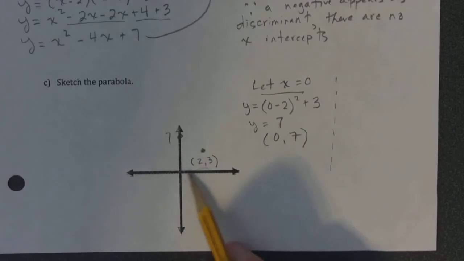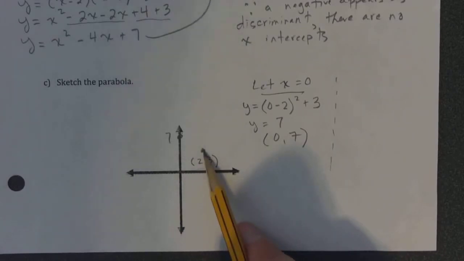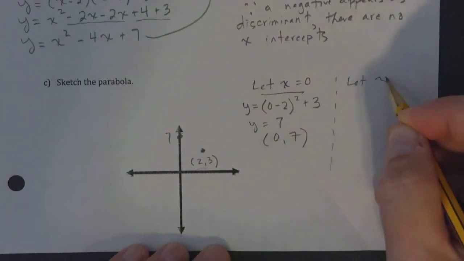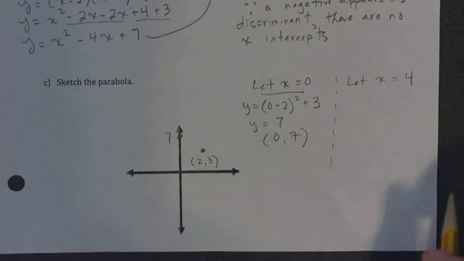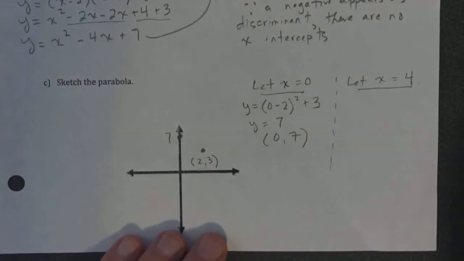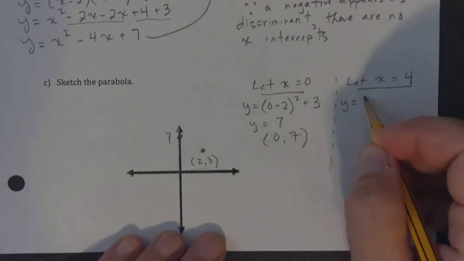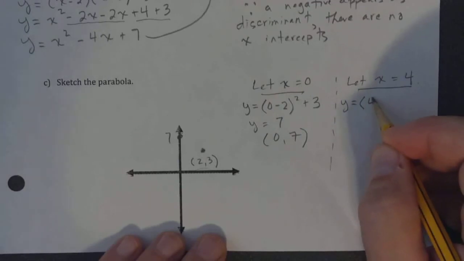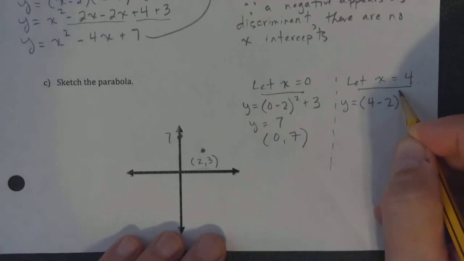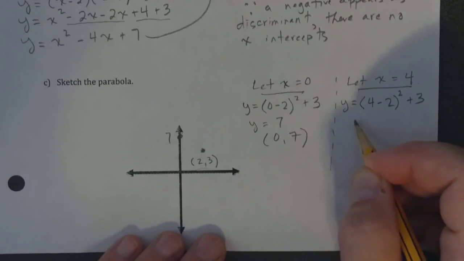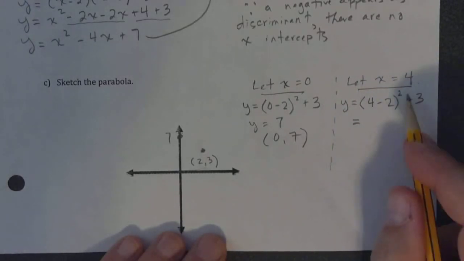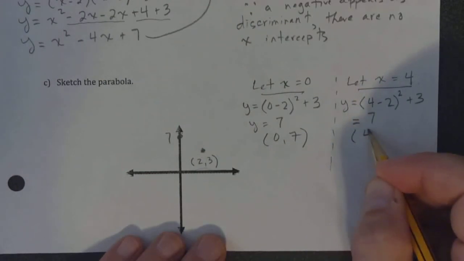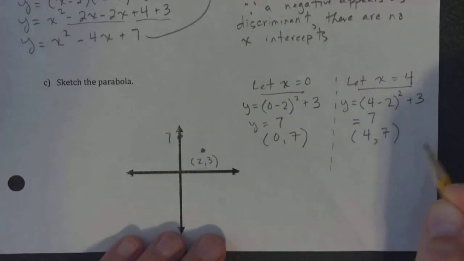So now I was here, which is 2 over from 0. Okay? If I'm going 2 to the left, I got to go 2 to the right, which brings me to x is equal to 4. And you should get an answer of 7 again. Y is equal to, open bracket, now it's 4 minus 2, drop the squared, drop the plus 3. 4 minus 2 is 2, 2 squared is 4, 4 plus 3 is 7.